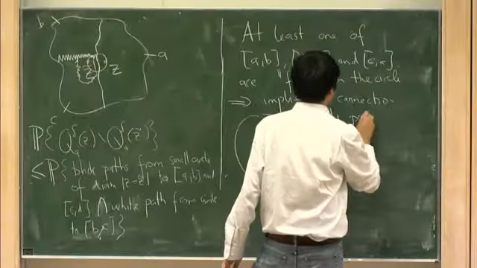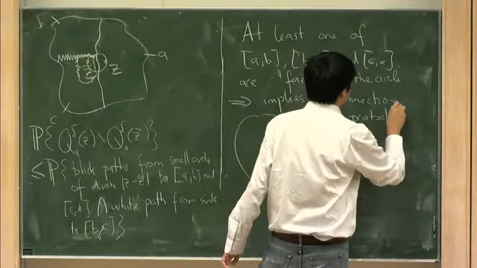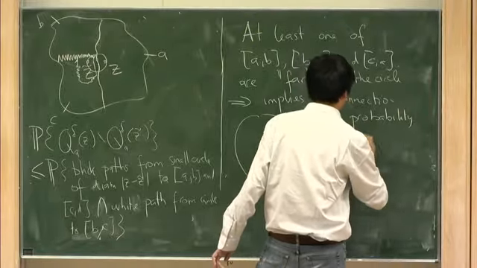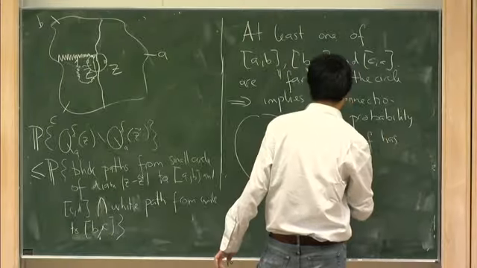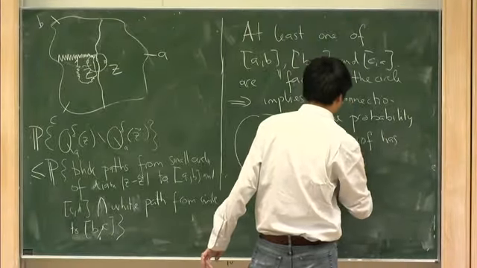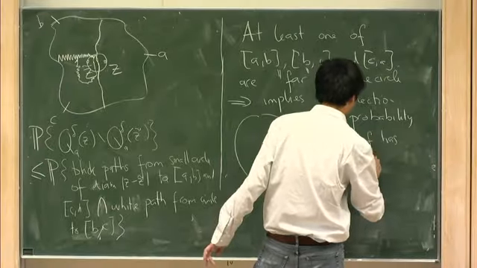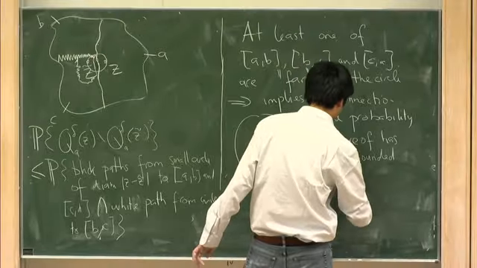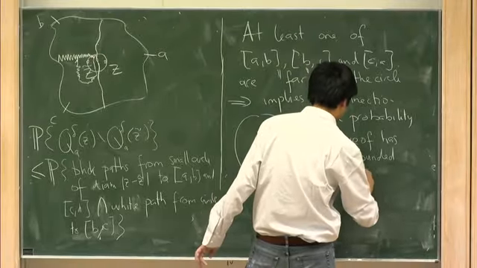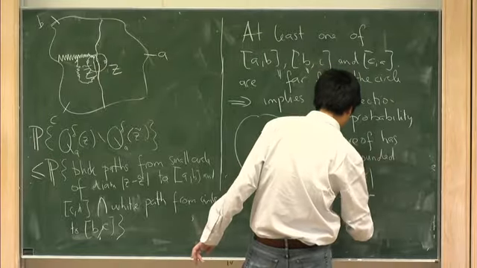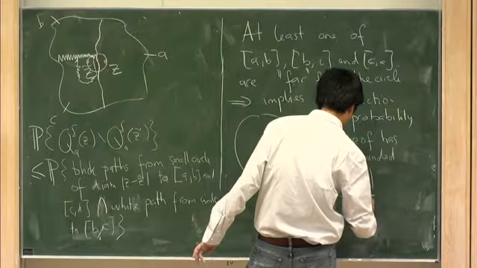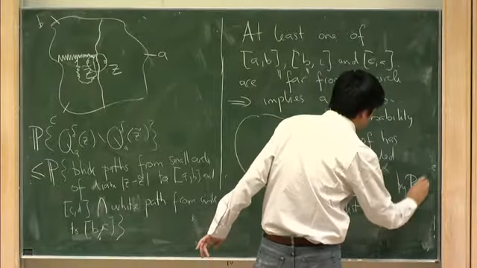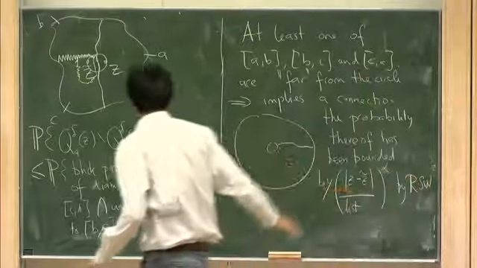The probability thereof has been bounded by, well, let me be loose, but the power alpha by RSW. Okay, I'm a bit loose here, but I hope you get the idea.